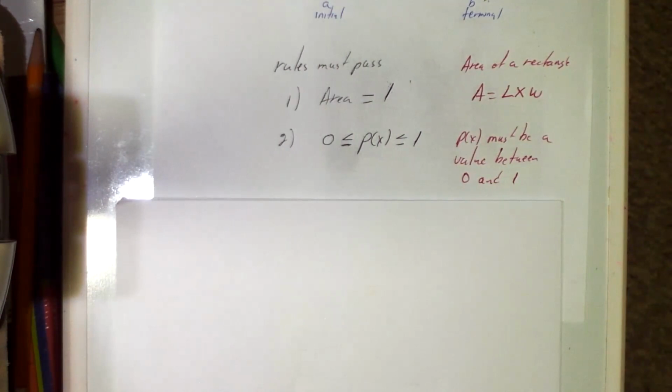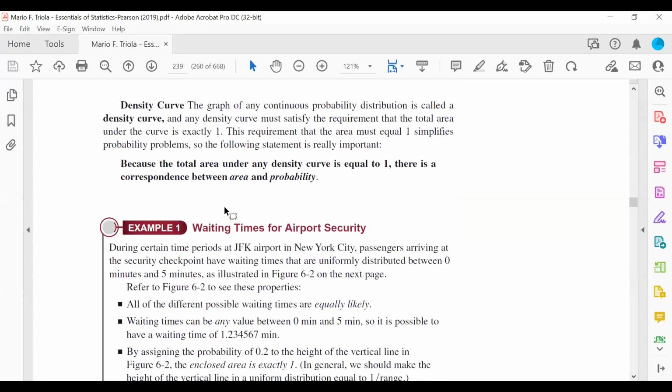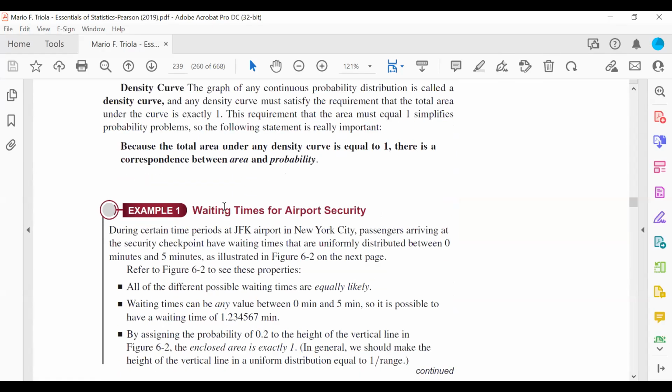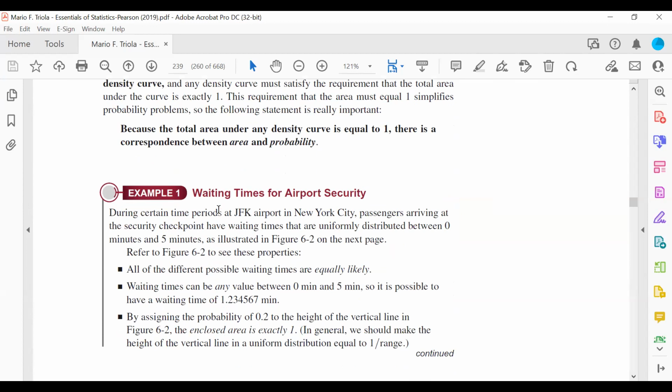Okay, it's right here. Wait times for airport security. Example 1 says: during certain time periods at JFK Airport in New York City, passengers arriving at the security checkpoints have waiting times that are uniformly distributed between 0 minutes and 5 minutes, as illustrated on the next page.